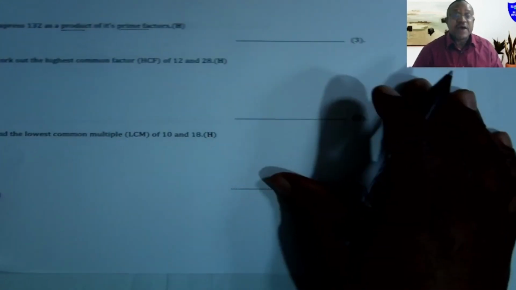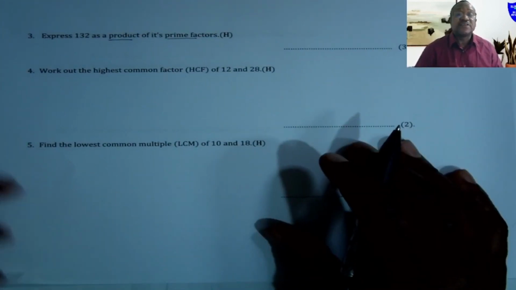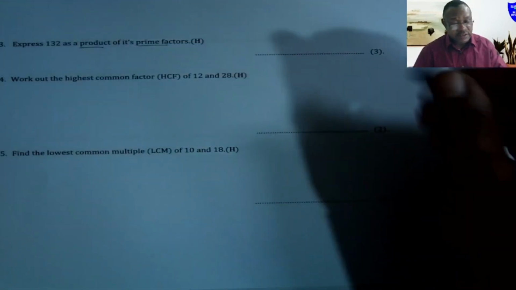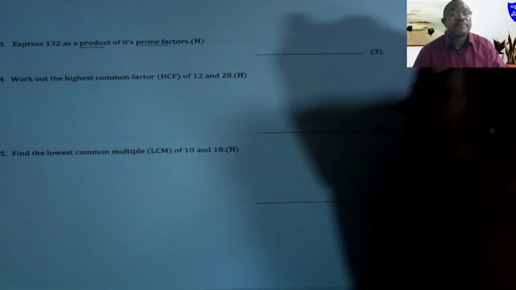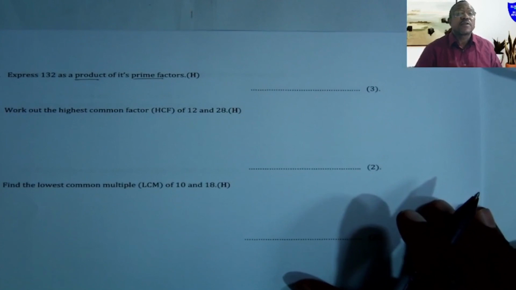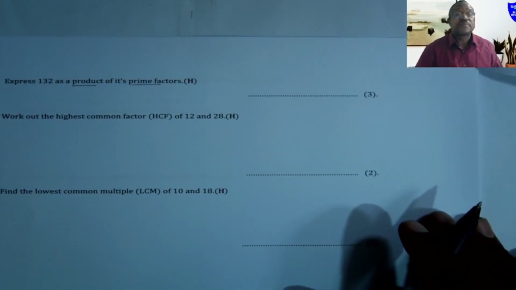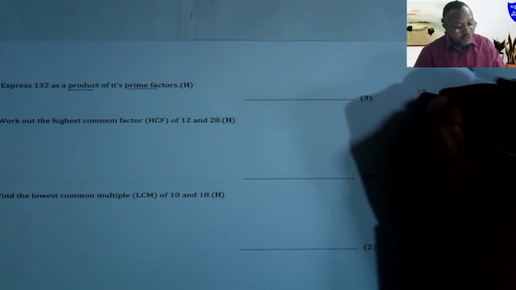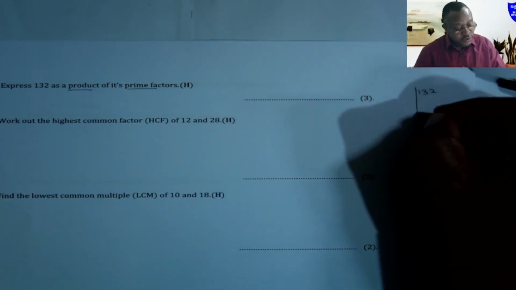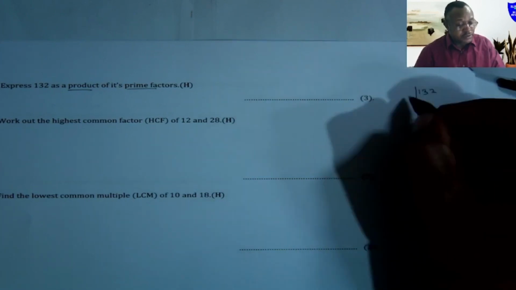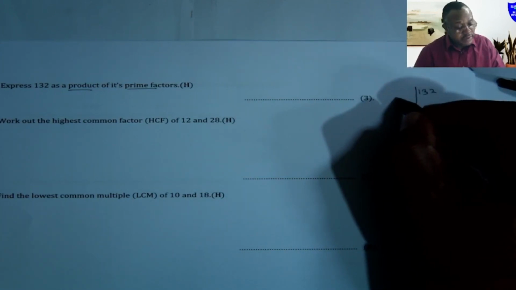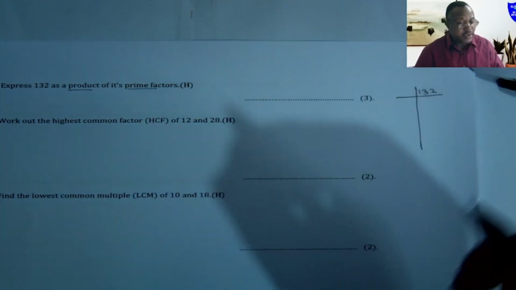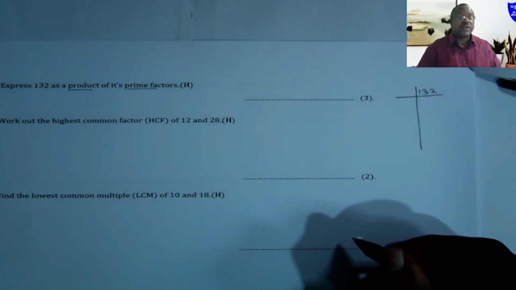Now, finding the prime factors of 132, guys, it's very simple. This is what we shall do here. You simply write 132 there, draw one complete vertical line there, and then draw one line across.